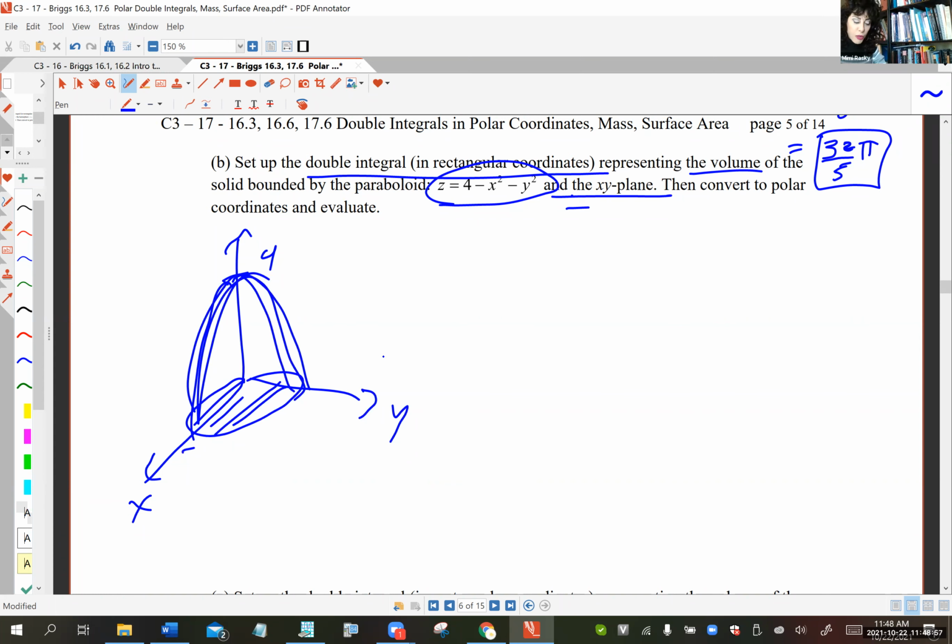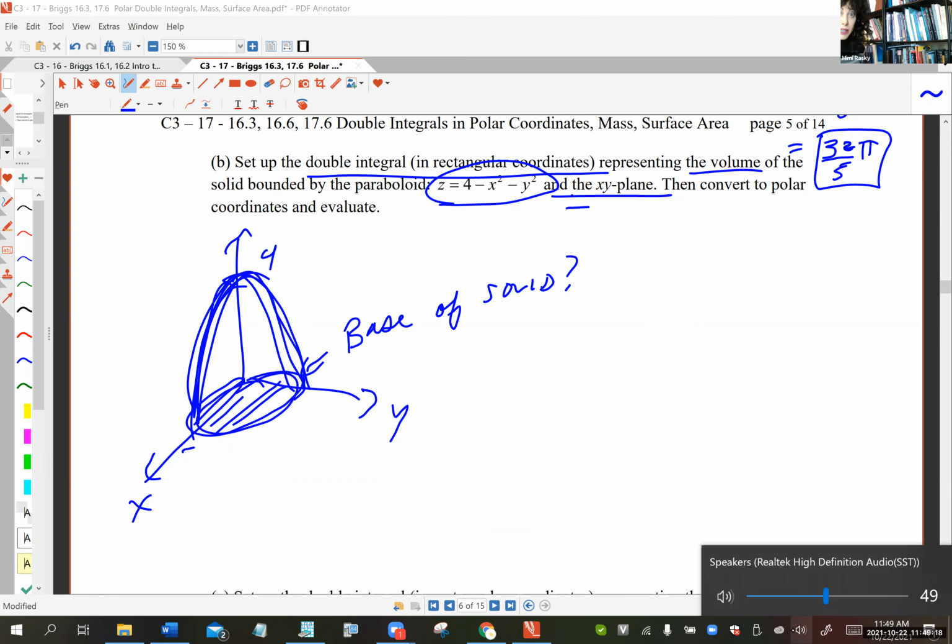So the problem is, what's the base of the solid? Because you need to figure that out, because that is going to help you iterate your double integral. Well, you'll notice it looks like your base is where the paraboloid crosses over the XY plane. So you need to figure out the trace that it makes as it crosses that XY plane.